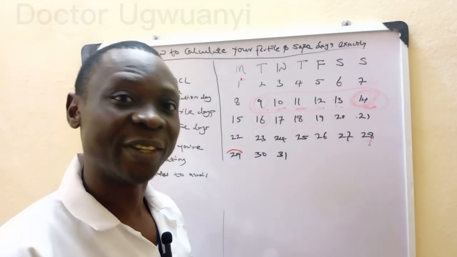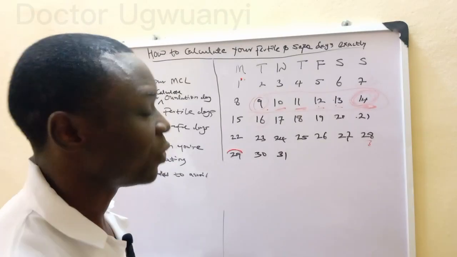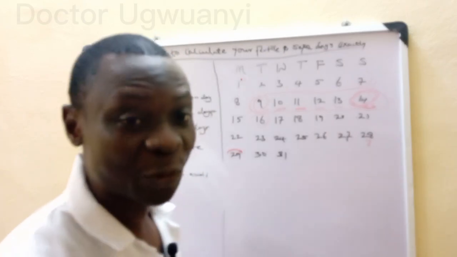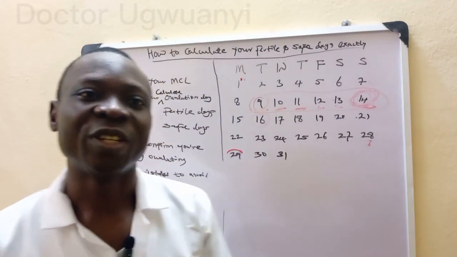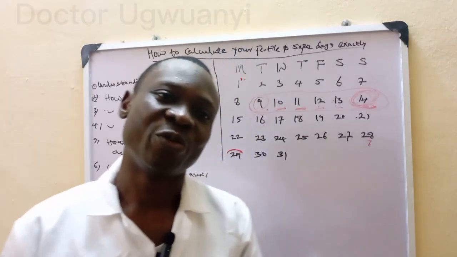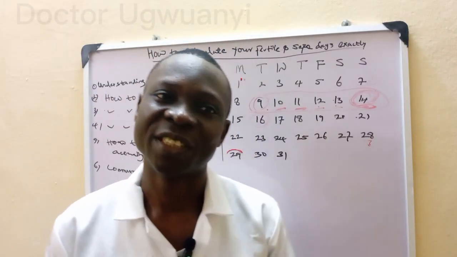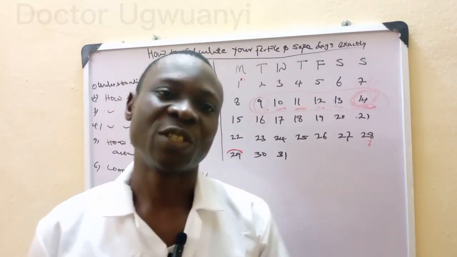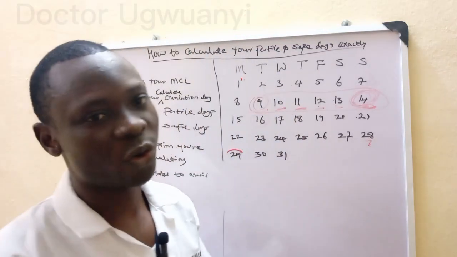Okay, your ovulation is not predictable because of the changes in hormones, and because for you to have a regular menstrual cycle, it means that there is coordination between your brain, your ovaries, and your uterus. So anything that alters this pathway can affect your menstrual cycle and your ovulation.